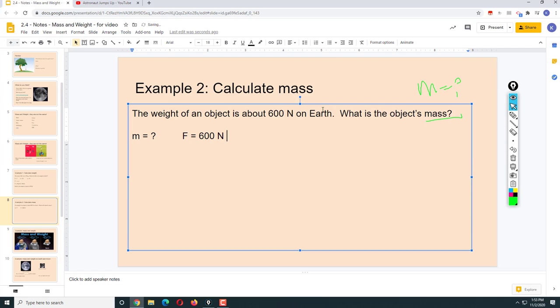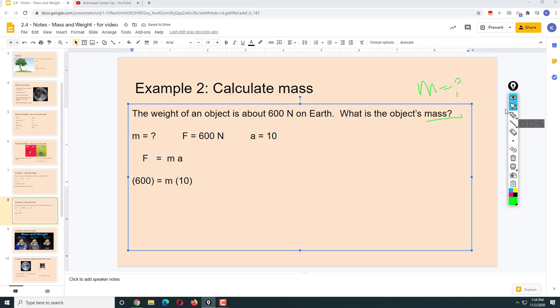It says on Earth, so acceleration is 10. Same formula. The force is 600 equals the mass, we don't know, and the acceleration is 10.